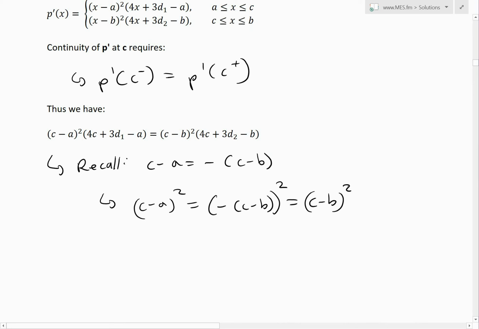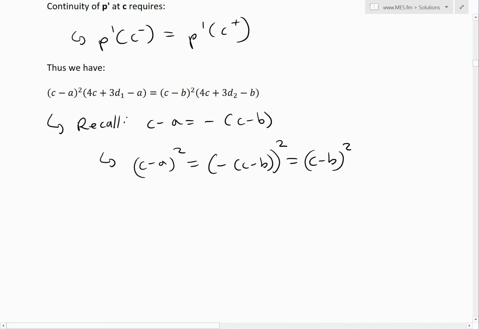So these are both equal. When you square both of them, they're just going to be equal. So what that means, if they're equal, you could just cancel these out. So what we are dealing with now is just 4c plus 3d1 minus a equals 4c plus 3d2 minus b.